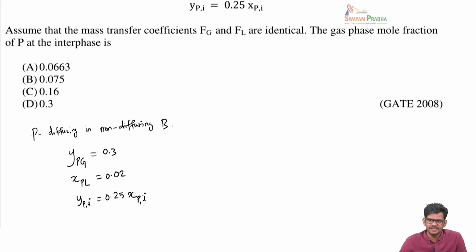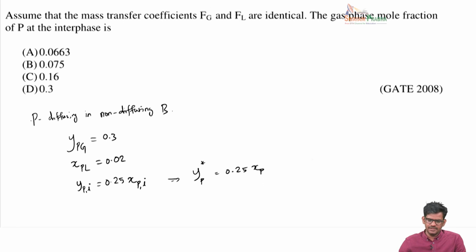You may recall I already said the interface does not have any resistance for mass transfer, so the interfacial concentrations are essentially equilibrium concentrations, meaning this interfacial composition relationship is actually the equilibrium relationship. Okay, so we can interpret this as YP star is equal to 0.25 XP. Okay, so this is another trick to confuse a student by giving the interfacial concentration. One may be confused about whether this is an equilibrium curve or an interfacial concentration relationship. Okay, but basically they are the same.